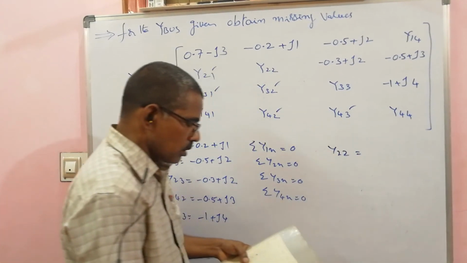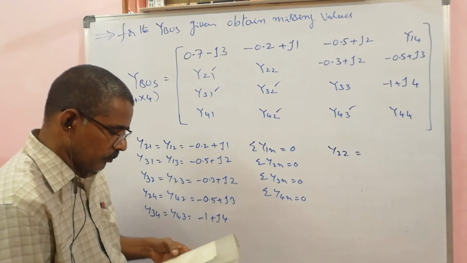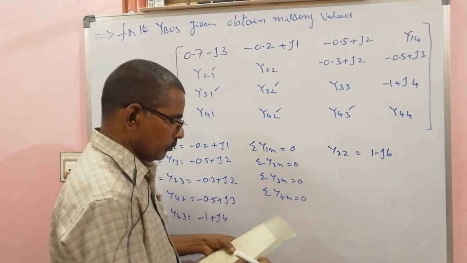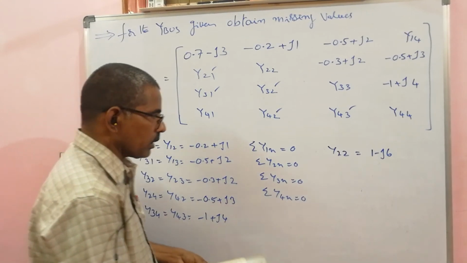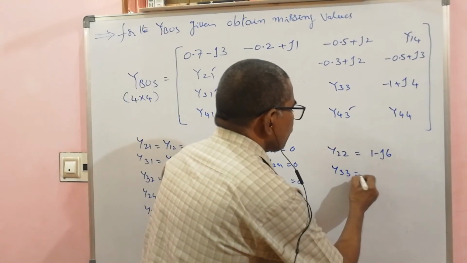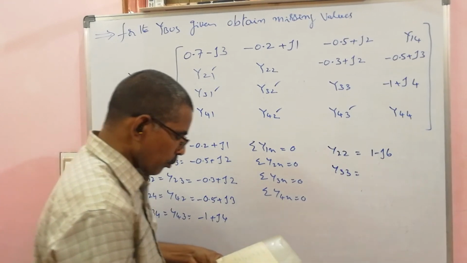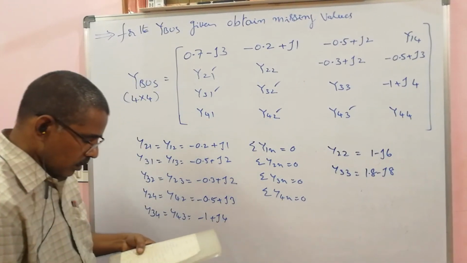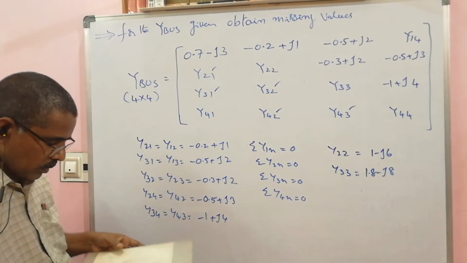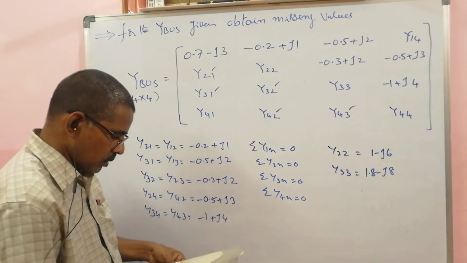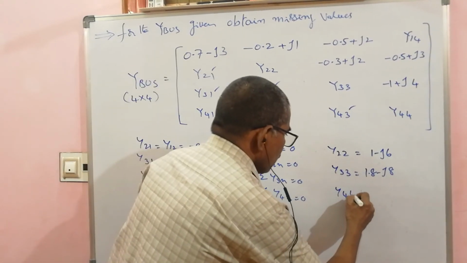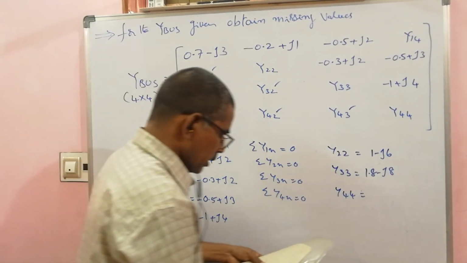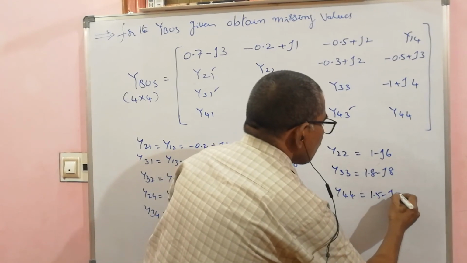So Y22 is 1 minus j6, Y33 is 1.8 minus j8, and Y44 is 1.5 minus j7.